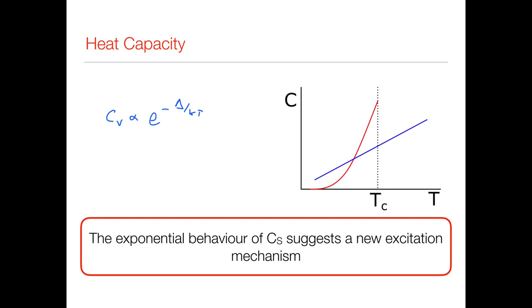Now we know this energy gap must be pretty small because Tc is of the order of a few Kelvin, so we're talking about quite small energies here. But it does seem as if, in the superconductor, there's some sort of excitation mechanism that becomes available to it, so it can store an excessive amount of heat just before it moves into the normal phase.